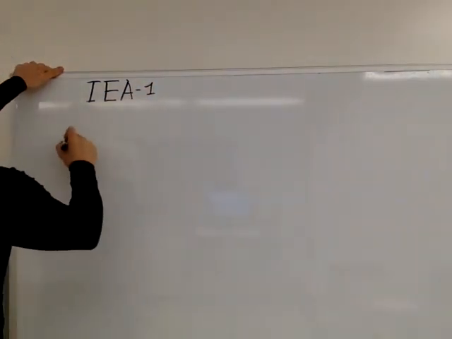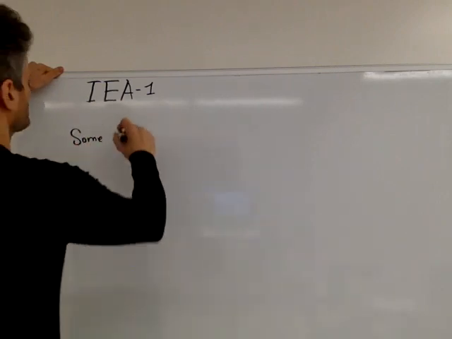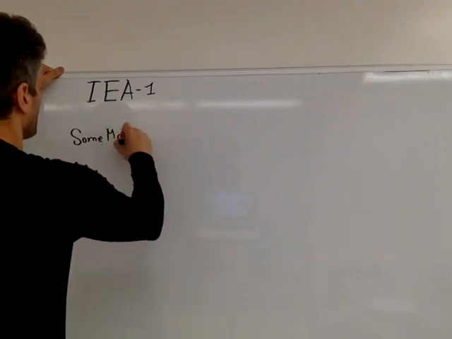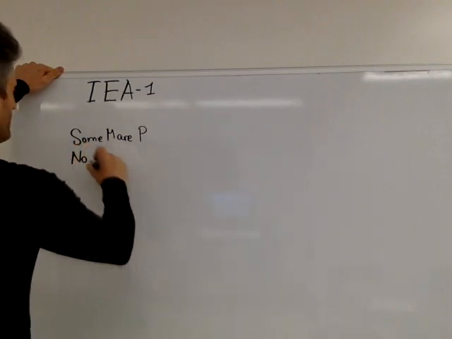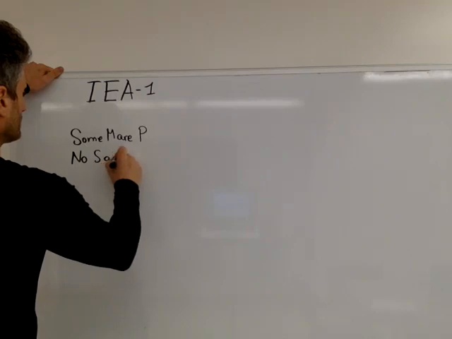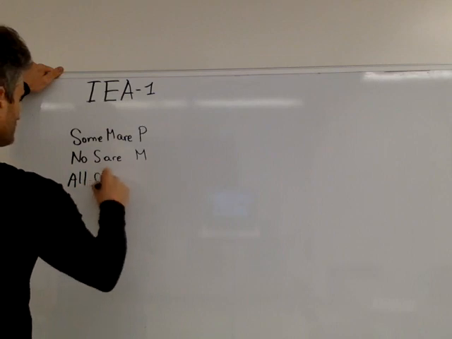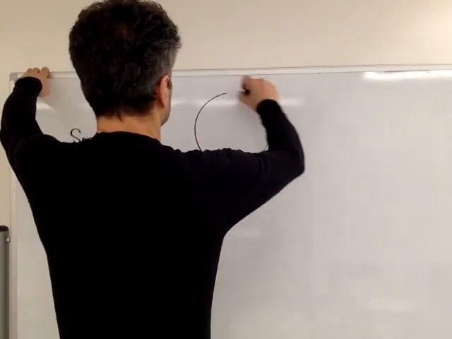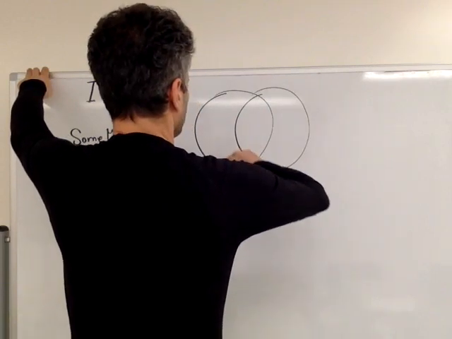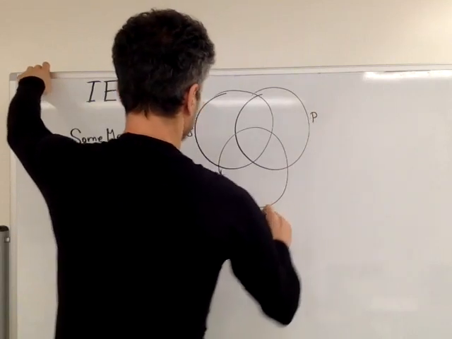So first premise is some M are P. Second premise, no S are M. Conclusion, all S are P. Conclusion is always the same. All S are P. Okay. 2 and 3. S, P, M.